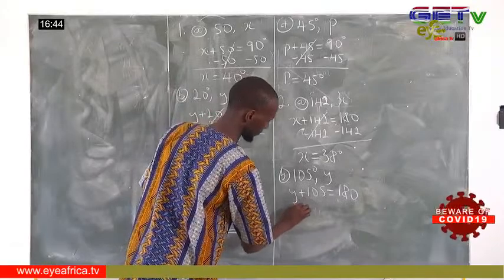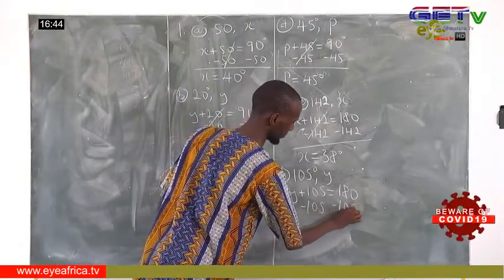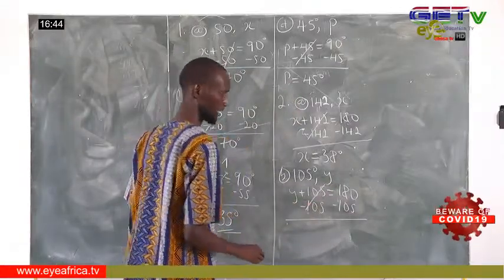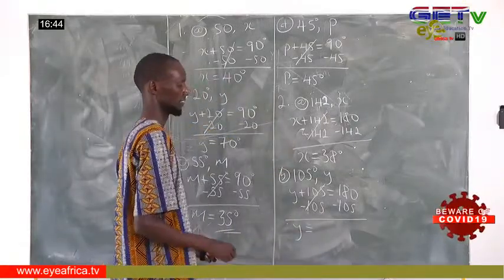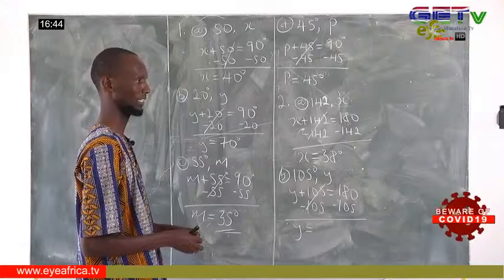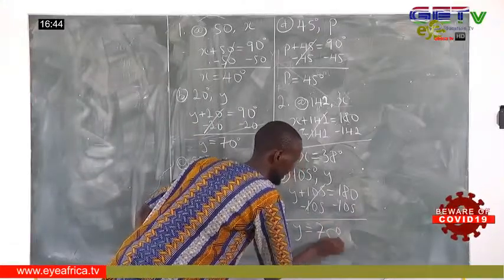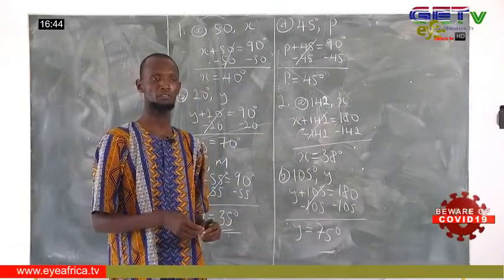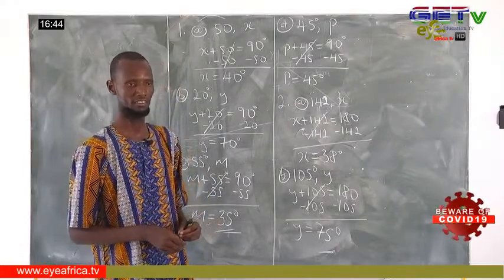You subtract 105 from both sides of the equation, and this 105 will cancel out, and you are left with y equal to, if you subtract 105 from 180, 75 degrees. So therefore, the supplement of 105 degrees is 75 degrees.